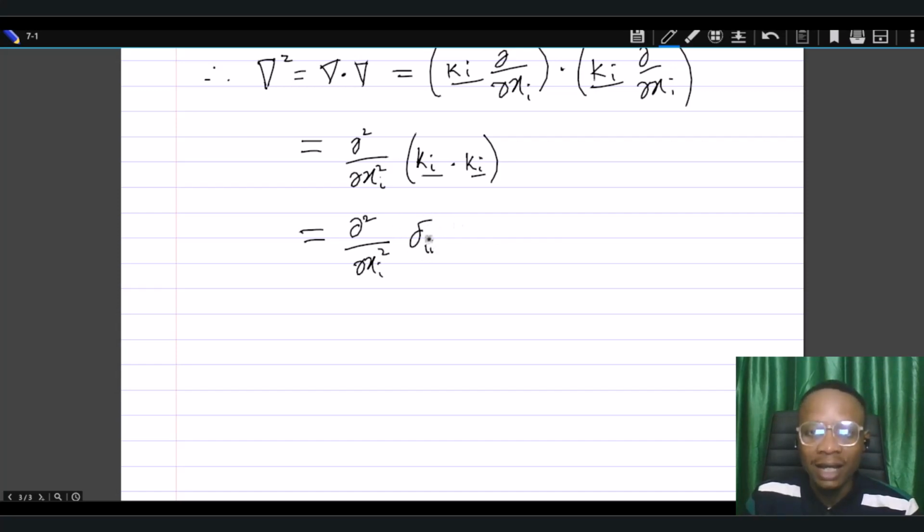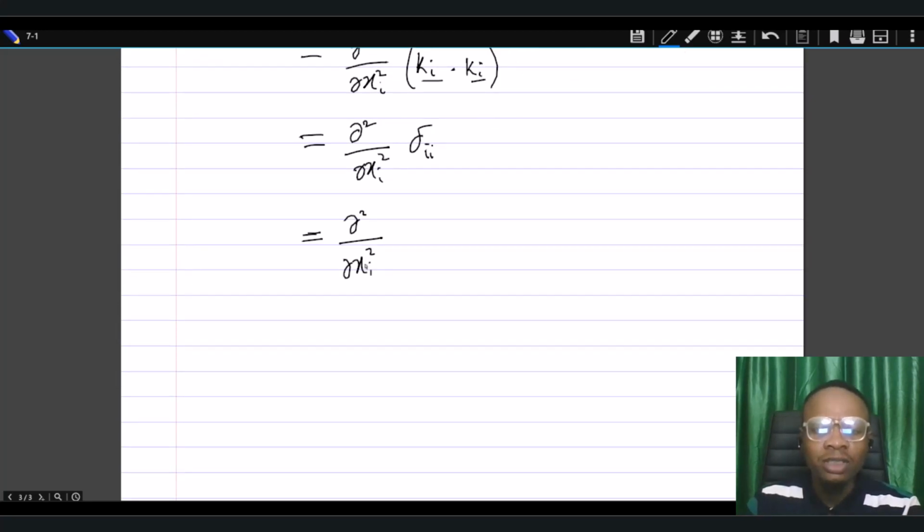We know delta ii is going to give us 1 all through, so we can forget about it and simply put in 1. So we simply write this as del squared del xi squared. So this is equal to 1, not 3, please. All right. You might be wondering, does this really make sense?